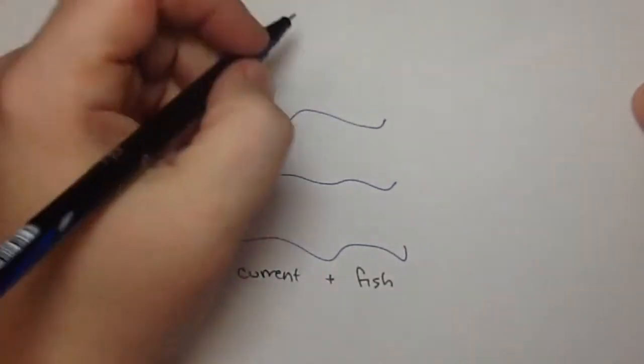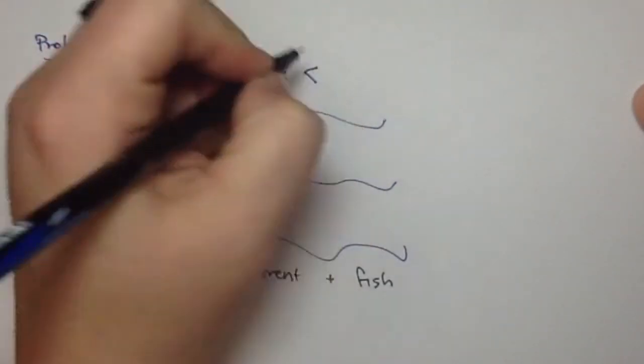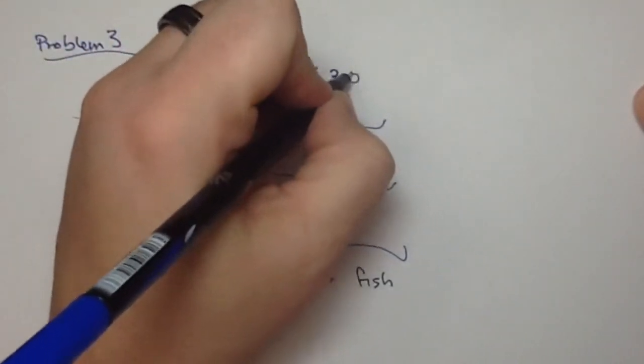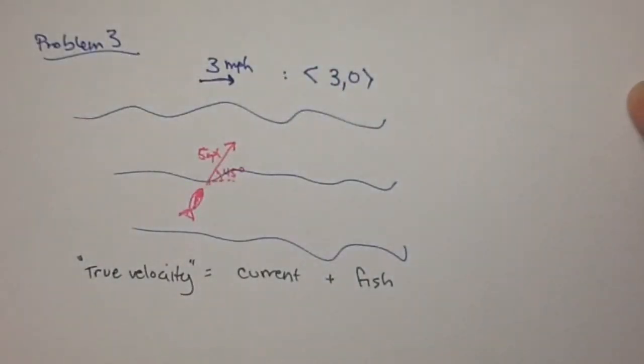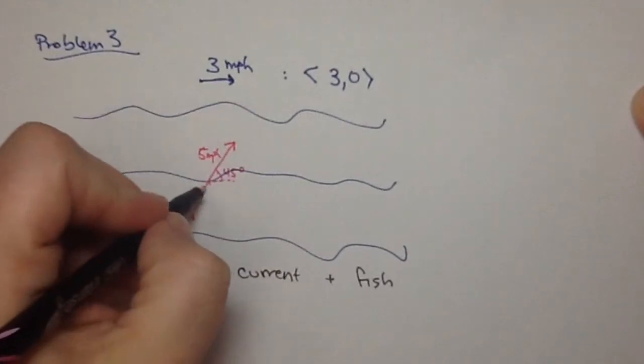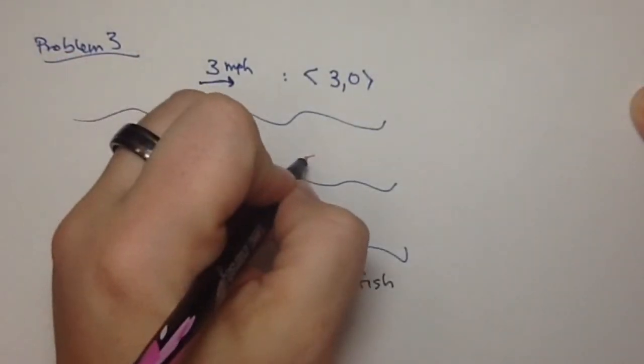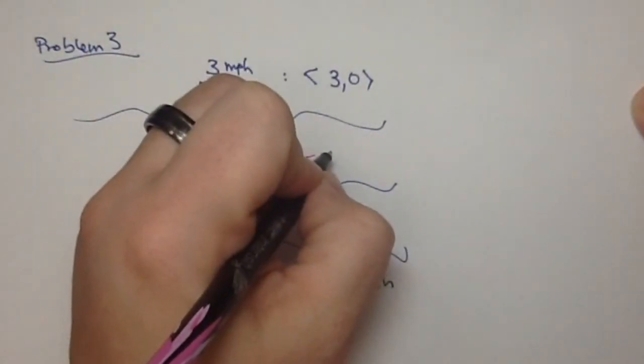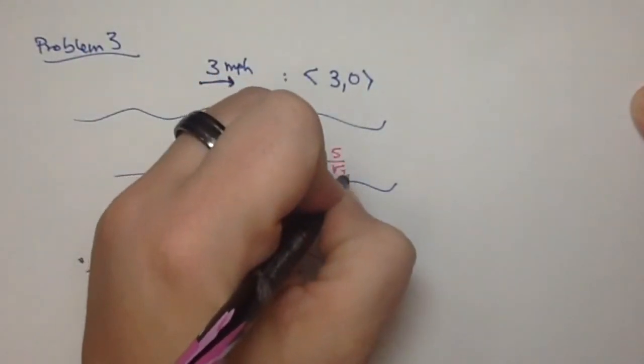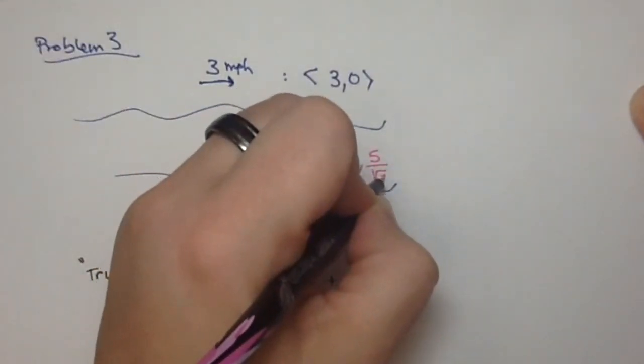So this current can be expressed as (3, 0), right? Because it's only to the right. And the velocity of this fish is at 45 degrees. This can be expressed as 5 over root 2 and 5 over root 2.